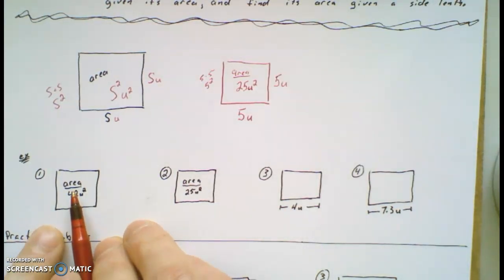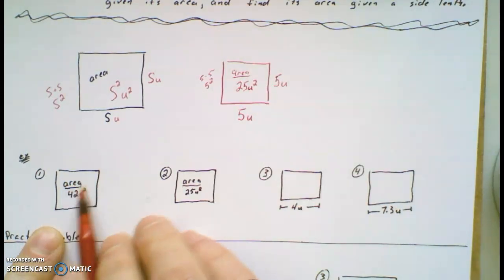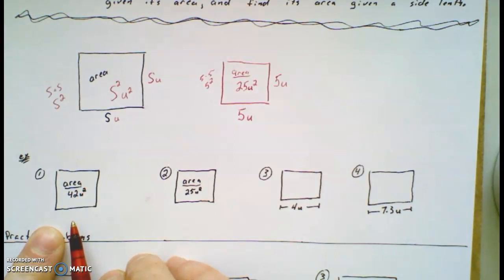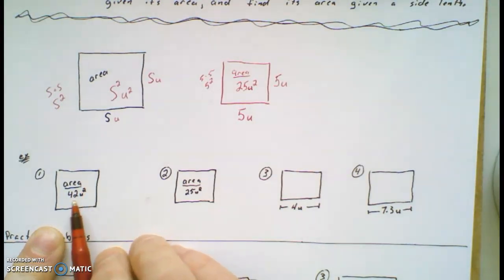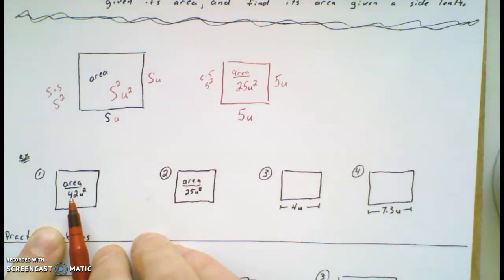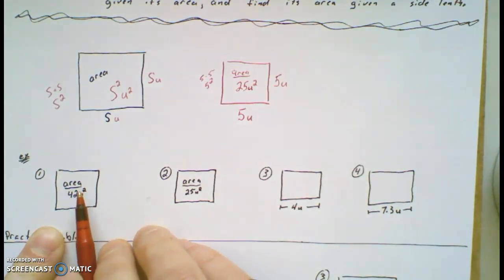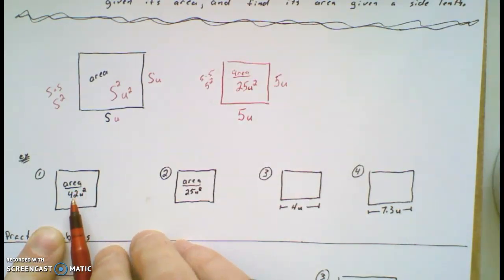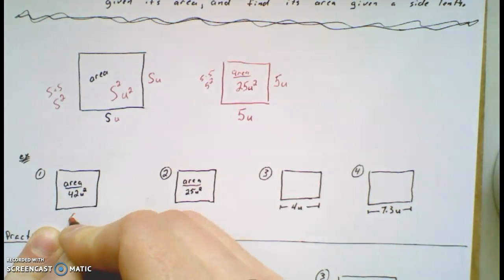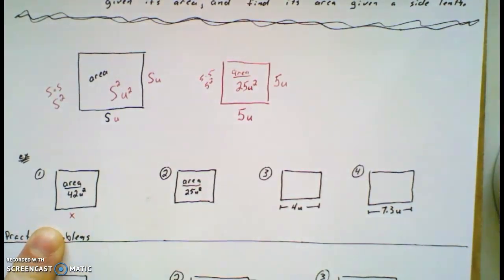Okay, so if we look at this one, what this is telling me is that the area, or the stuff inside this square, is 42 units squared. Okay, so what we're going to do is practice using an equation to solve this, just because it's going to build into that second essential. So if they give me the area, that means I'm going to want to find the side length.